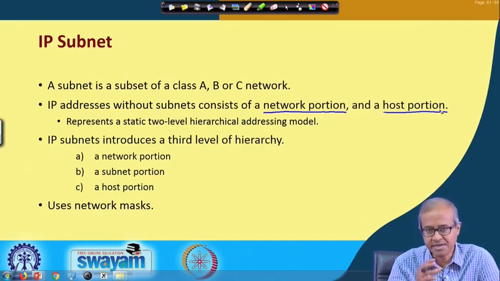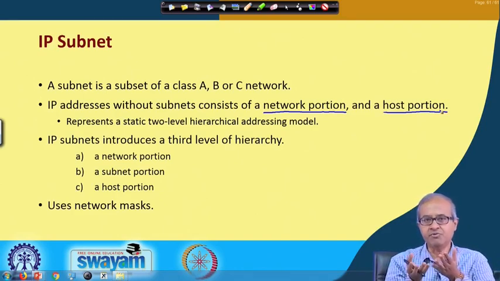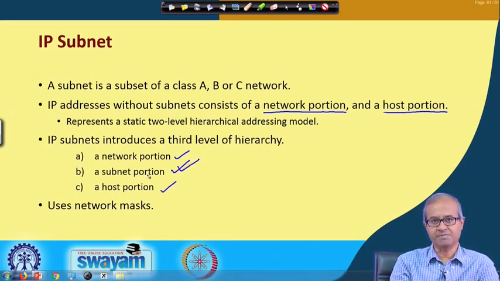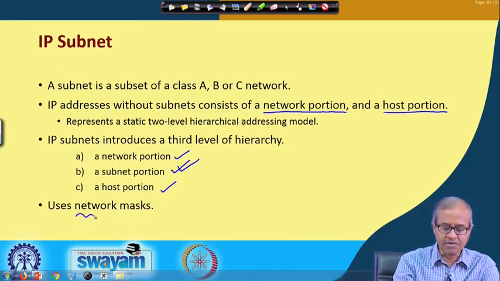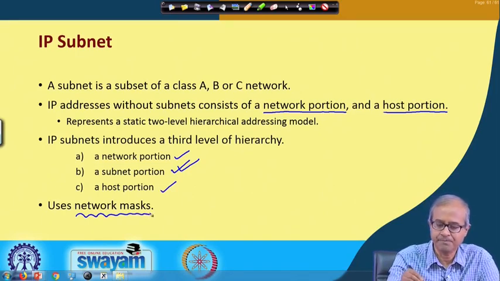The network part is classified as class A, B or C. Now, when you are using IP subnets, we are adding a third level in the hierarchy. We are using a network portion and host portion. In addition, there is a sub-network portion or subnet portion, and this subnet portion is specified by using something called network masks.